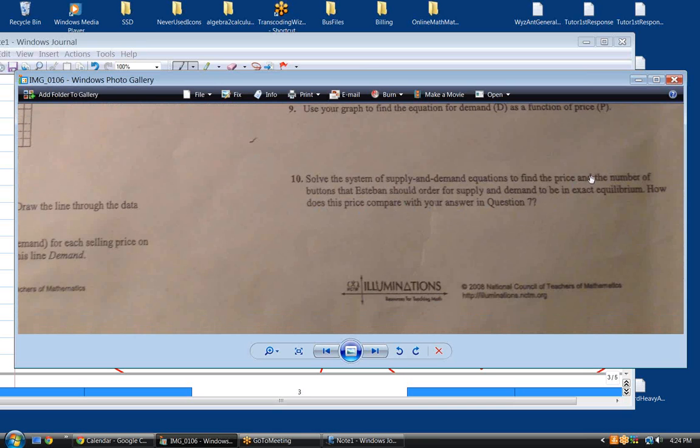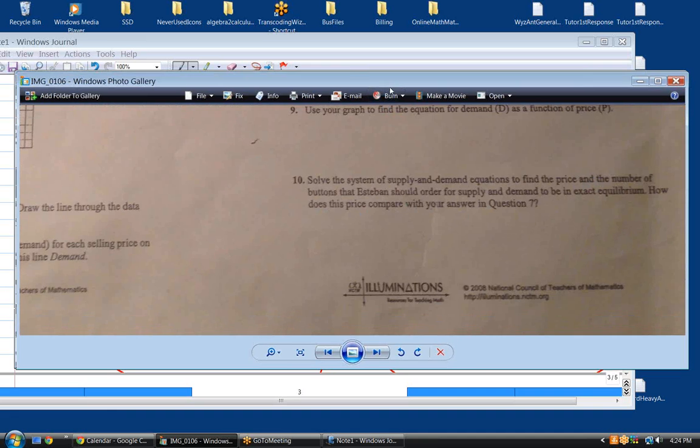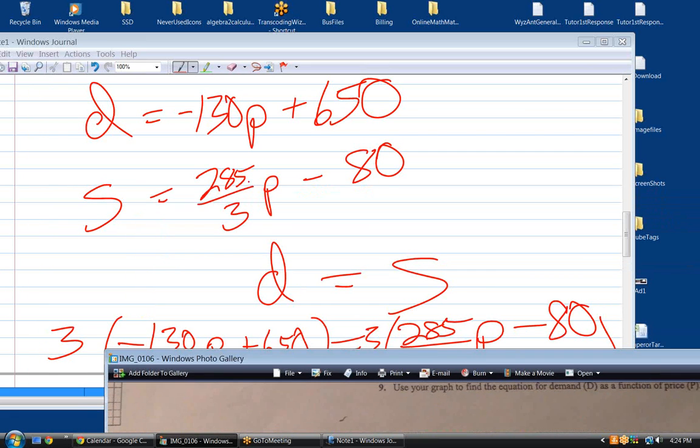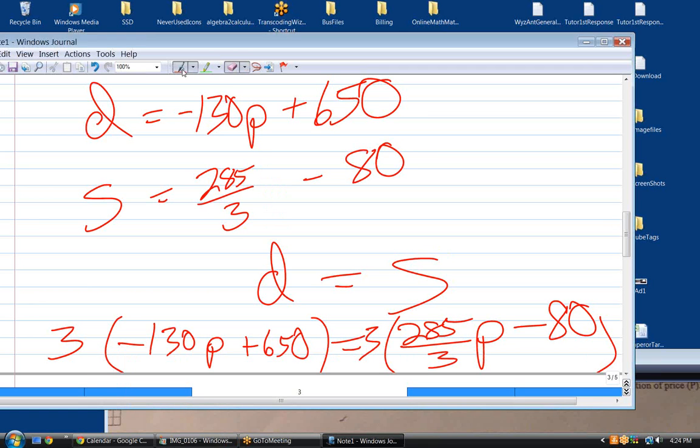So the number of buttons you should order would not be P, but it would be S when P is equal to 3.2. In other words, we can come up with the number of buttons now by plugging in 3.24 for P. That's what we came up with, a P of 3.24.